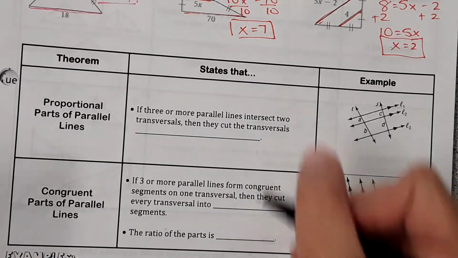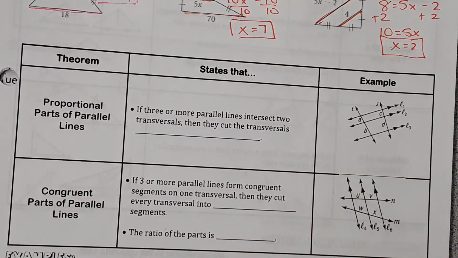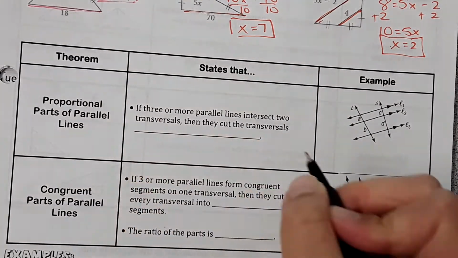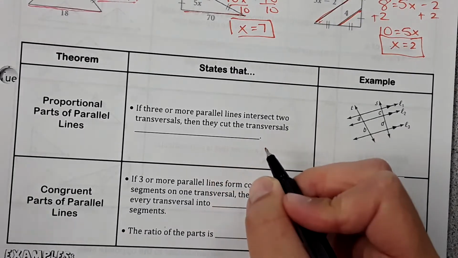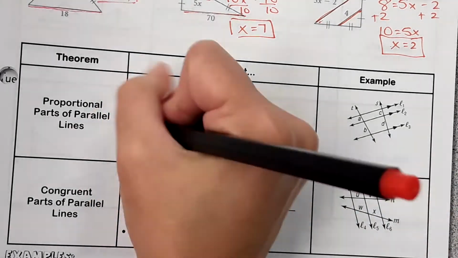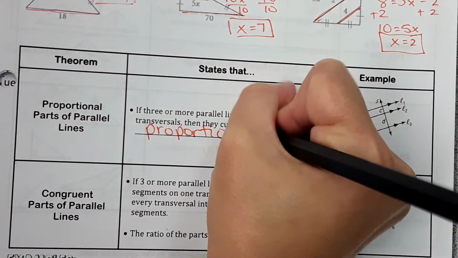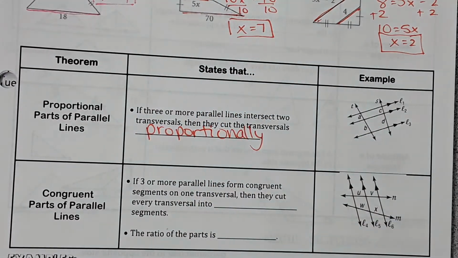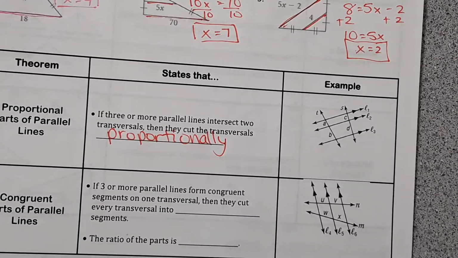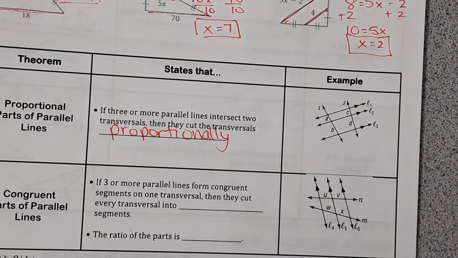Okay, so moving down to these two ideas, same thing, just in a different format. If 3 or more parallel lines intersect 2 transversals, then they cut the transversals proportionally. Where are those proportions?